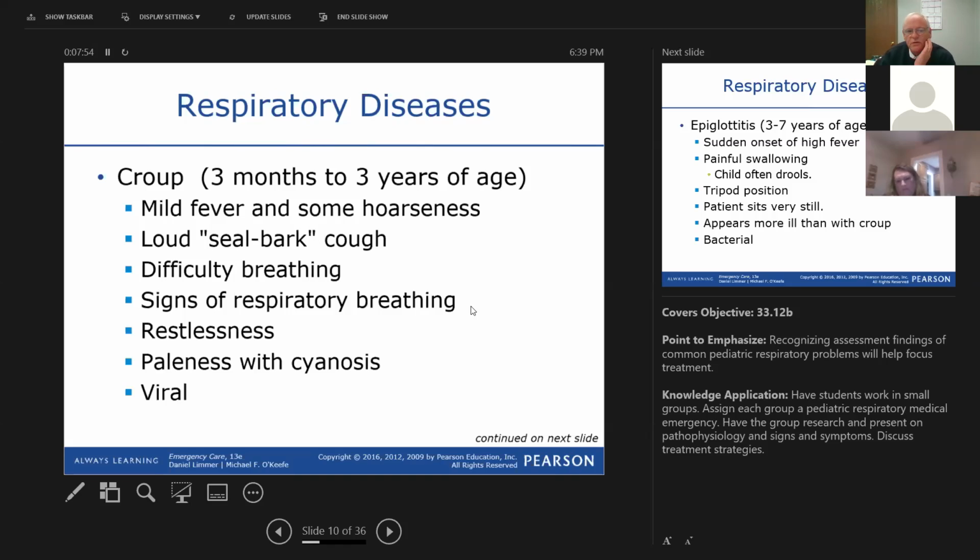But croup is something we do see a lot, and you would treat them like any other respiratory problem: airway, breathing, circulation, oxygen if their pulse ox is down, etc. Doctors will sometimes tell them to run a cold shower and mist it up, and have them in the bathroom next to the shower, and breathe in that humidified air, and it's colder and might help them reduce swelling from the infection.